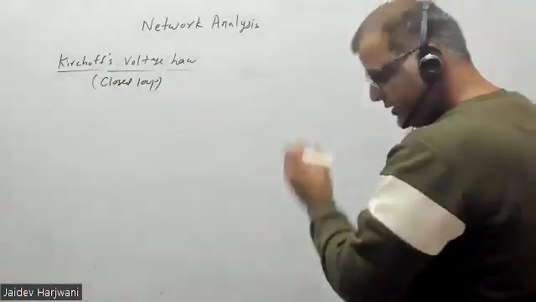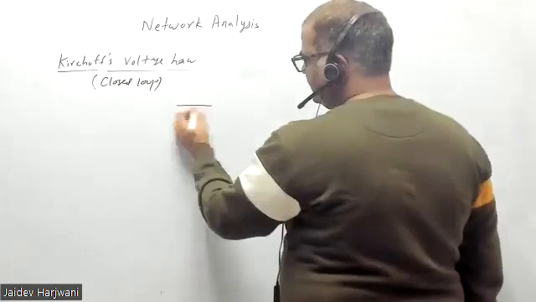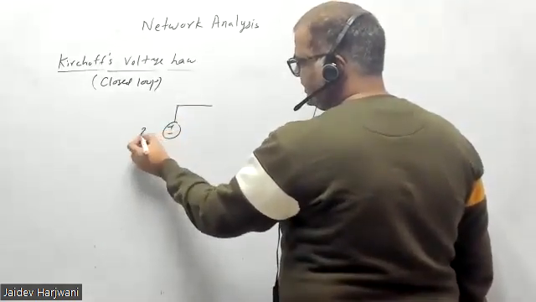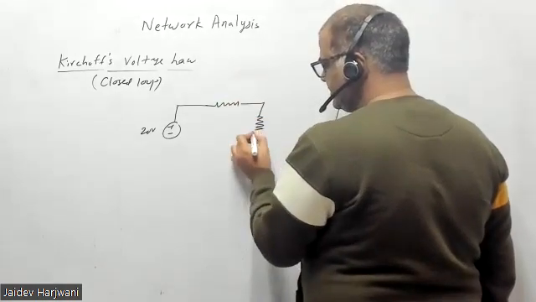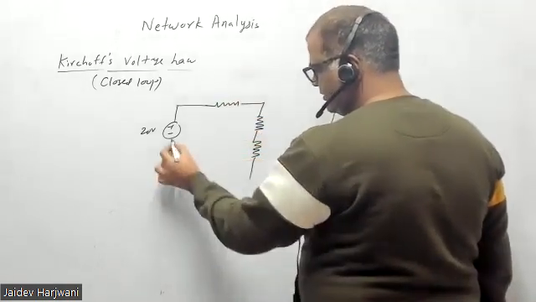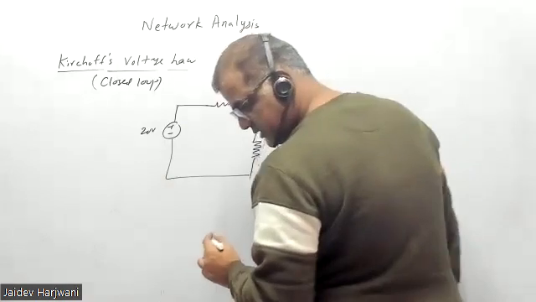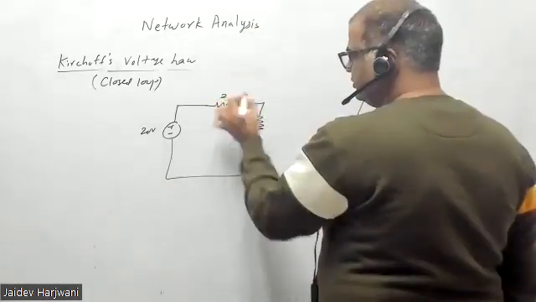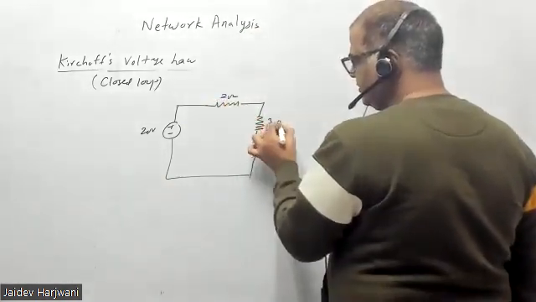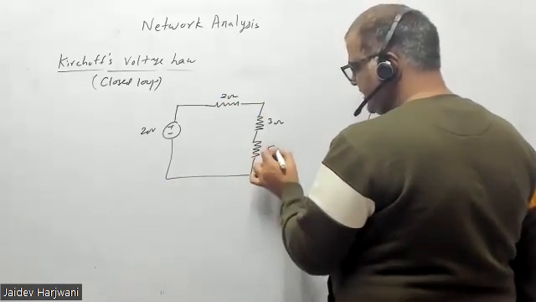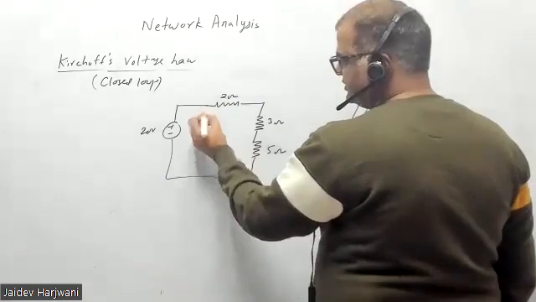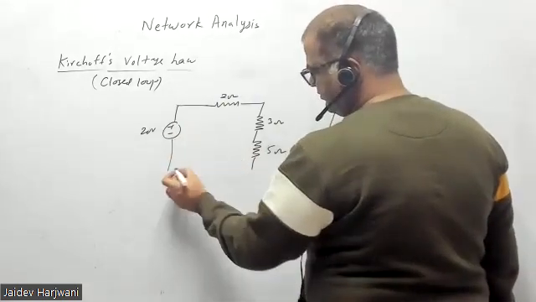Now let us say one problem is there. Say I have this plus minus 20 volt source. Here I have resistances: 2 ohm, 3 ohm, and this is my 5 ohm. Say this is my battery.